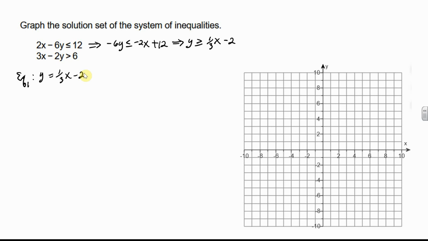While we're there, let's just go ahead and graph that guy. So the y-intercept is negative 2. On the y-axis, negative 2. The slope is 1/3. That means go up 1 and go to the right 3. So I go up 1 and go to the right 3: 1, 2, 3. So now I draw a straight line.